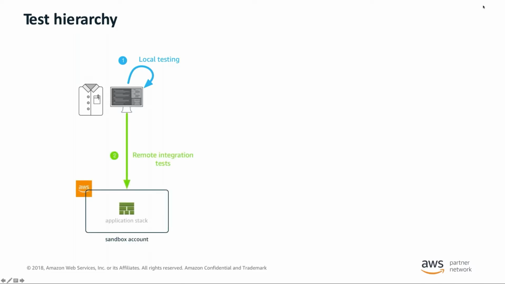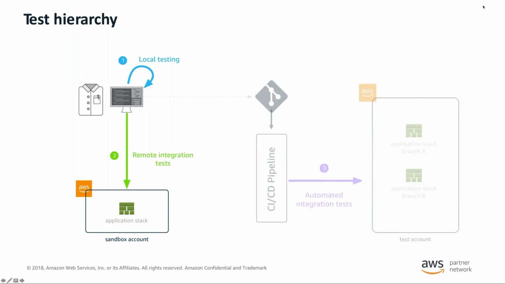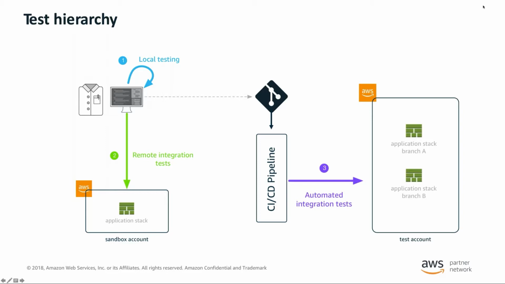You also want a remote integration test option where you can deploy a full service into an AWS or production-like environment, and then run remote tests against that API or service to test at an integration level what's going on. And then last is automating those integration tests as part of a CI/CD pipeline, and making sure that's included as part of the gates to get you through the various application environments that you're deploying.